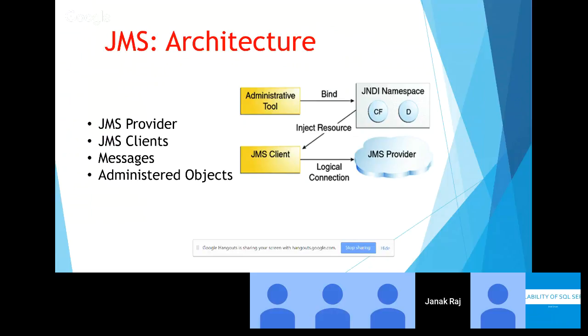An implementation of the Java EE platform includes a JMS provider. JMS clients are the programs or components written in the Java programming language that produce and consume messages. Any Java EE application component can act as a JMS client.